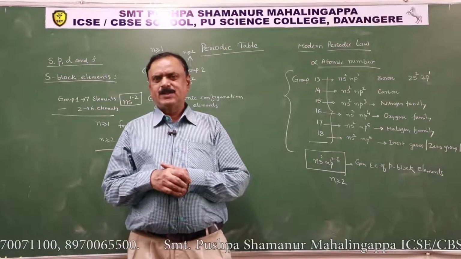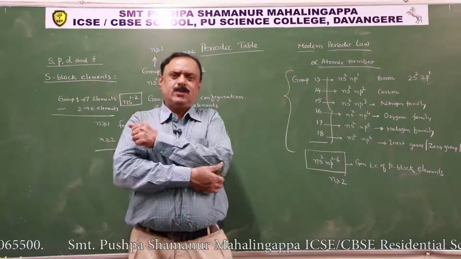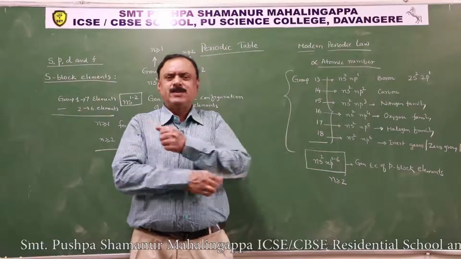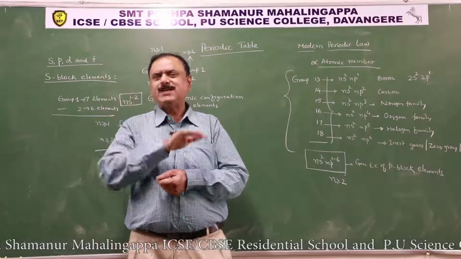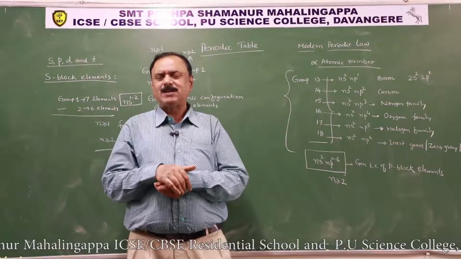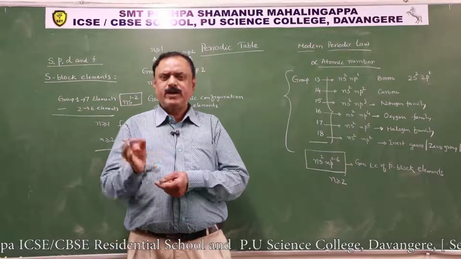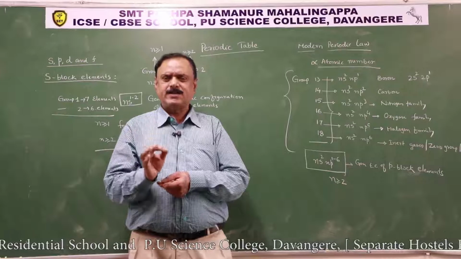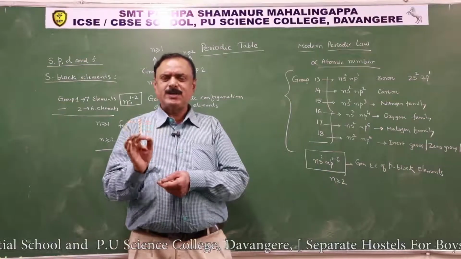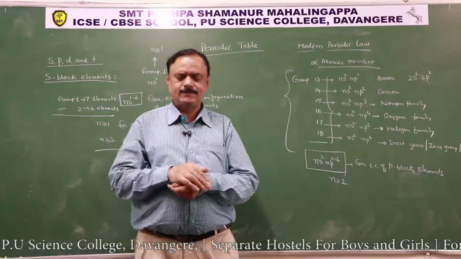metals. Whereas in groups 13, 14 up to 18, the valence electrons are added to the outer p atomic orbital of an atom. Therefore, the group of elements for which the valence electrons are added to the outer p atomic orbital of an atom are called P block elements.